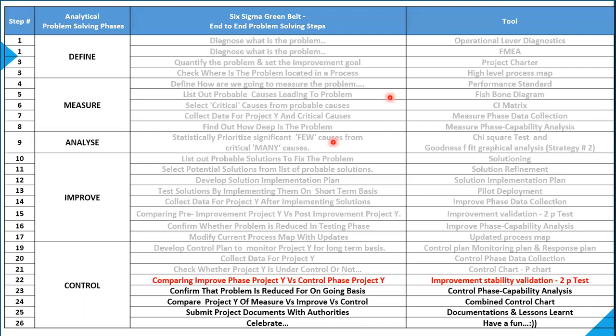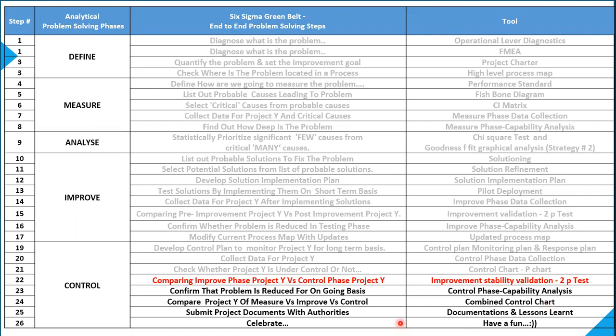Yes, so here we are done with validation of improvement or sustenance, especially with the help of the 2p test. Now we're almost done with this particular video. In the upcoming video, we are going to check the capability analysis of the control phase, the way we check capability in the improved phase and in the measure phase. We need to reconfirm that capability has also been sustained in the control phase.